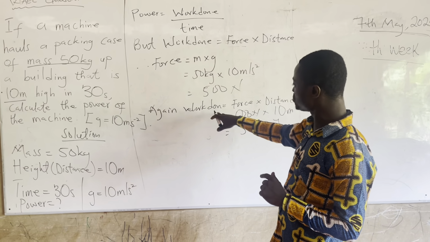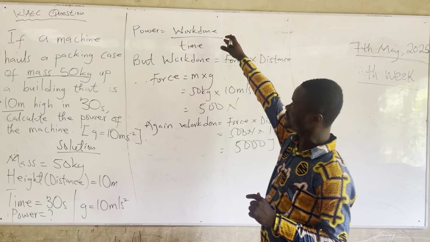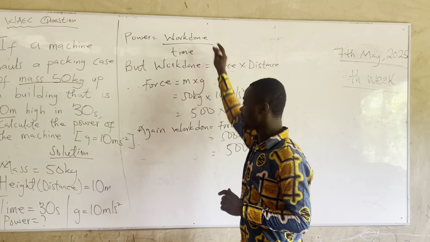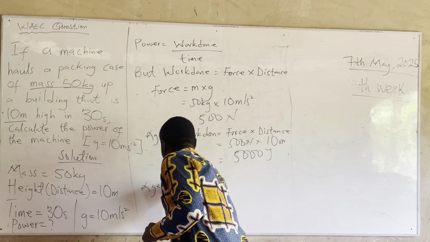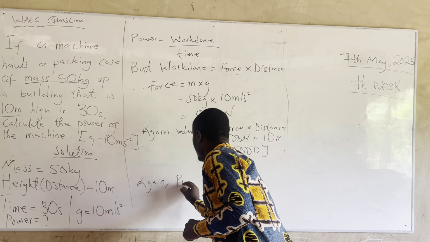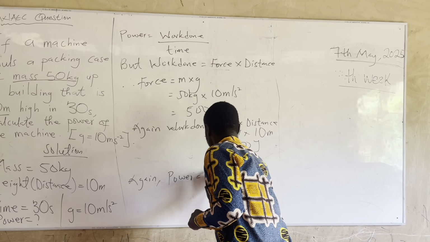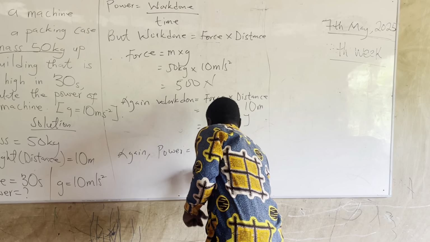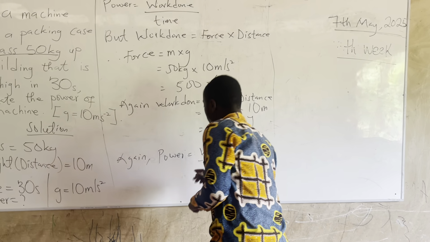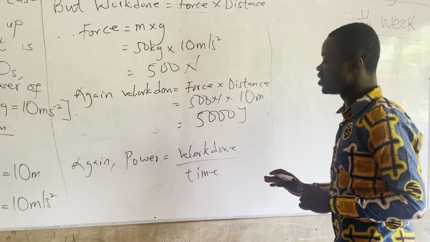Now, since we have our work done, let's go and substitute straight into the formula for power. Power is equal to work done over time.